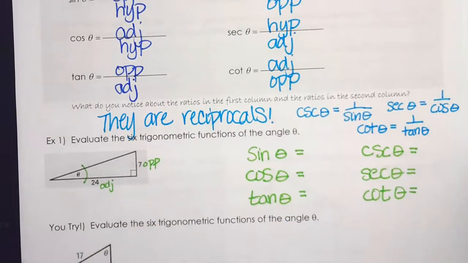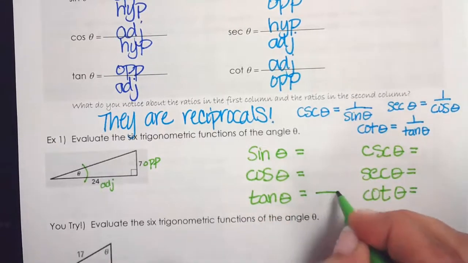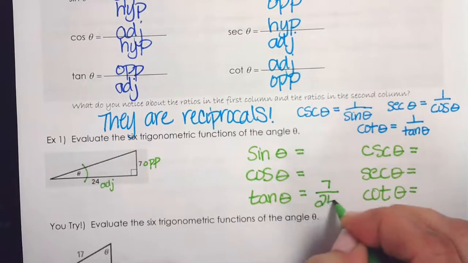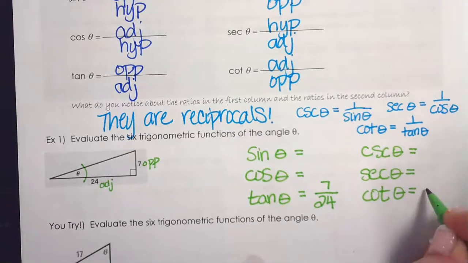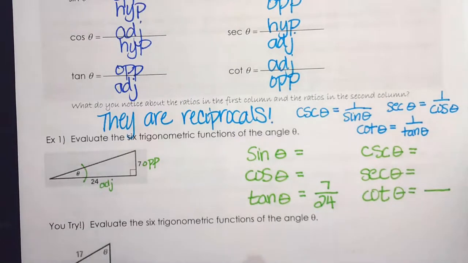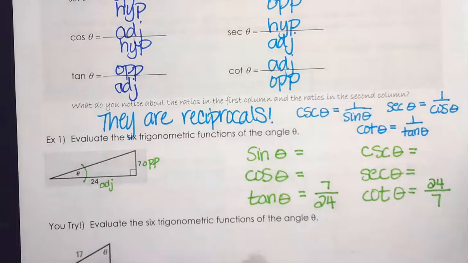So if we think about our 3 classic trig functions, which of the 3 could we find right away? The tangent, and that would be 7 out of 24. Therefore, which of our new trig functions could we find right away? The cotangent. It would be the reciprocal, which we'd write as 24 over 7.